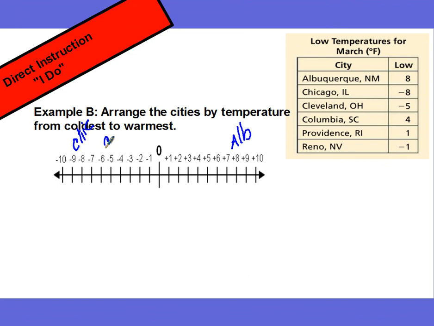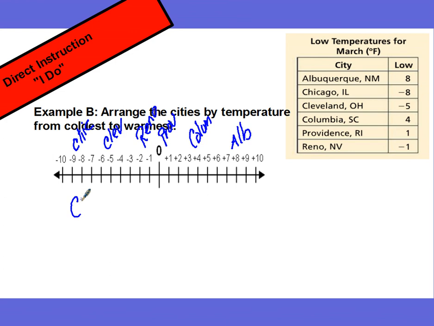Cleveland, -5. Columbia, +4. Providence, Rhode Island, +1. And Reno, -1.